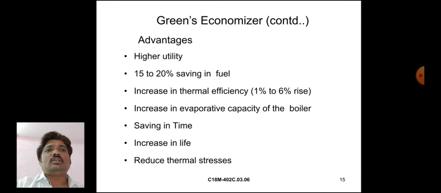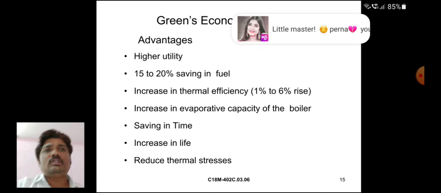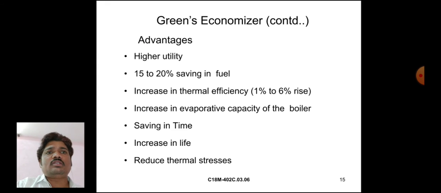These are the advantages of the green economizer.